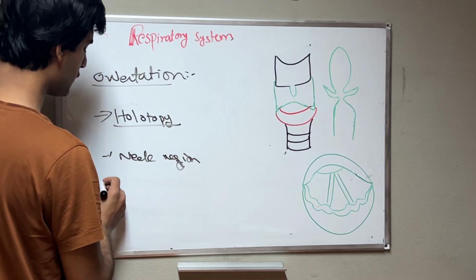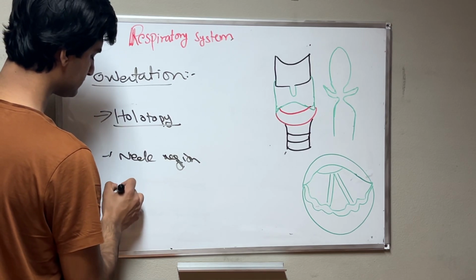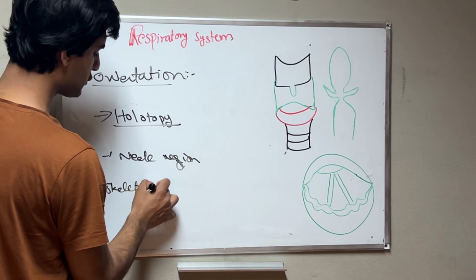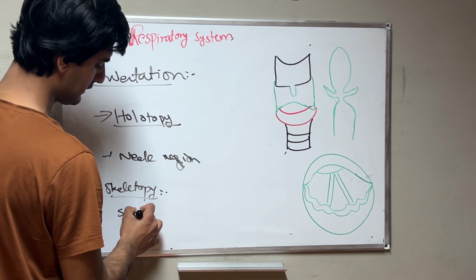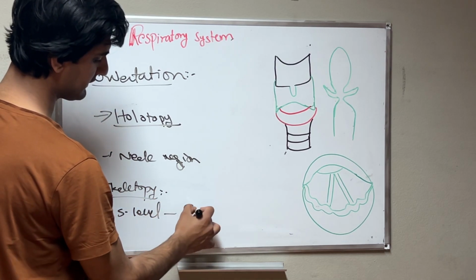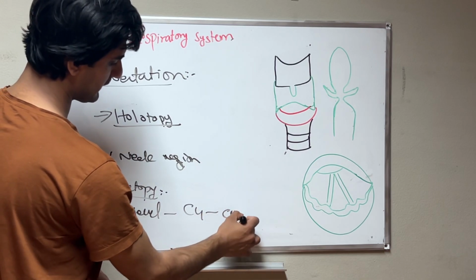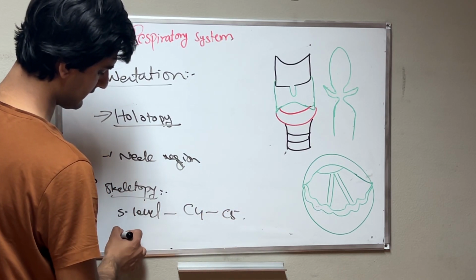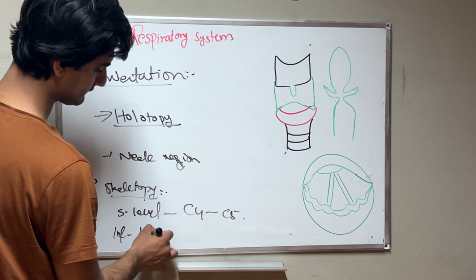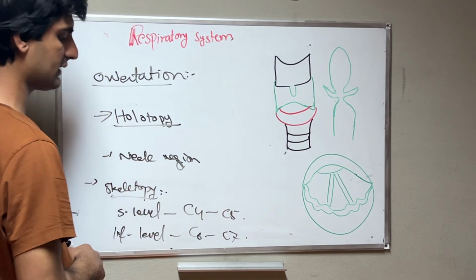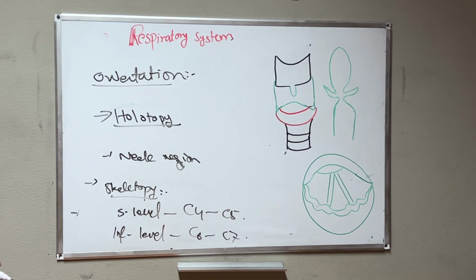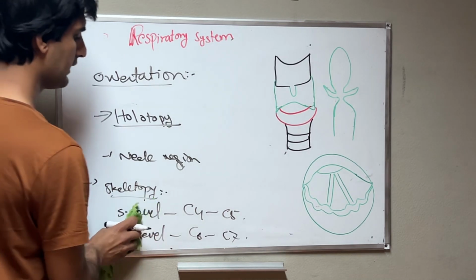The skeletopy is the superior level from C4 to C5 cervical vertebra, and the inferior level from C6 to C7 cervical vertebra. This is the holotopy and skeletopy of the larynx.